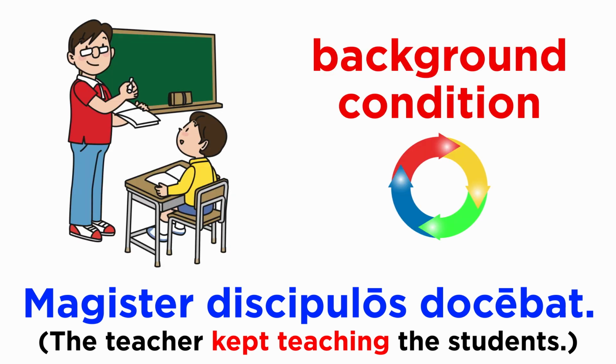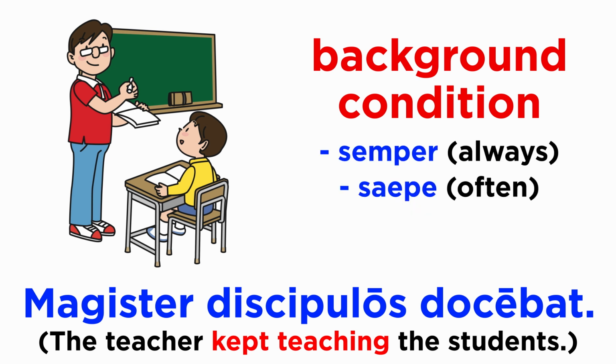We often find the imperfect being used for descriptions in the past whenever the action is durative. This is called background condition because the description applies to both before and after the moment being described. Also, look for adverbial repetitive expressions like semper, meaning always, or saepe, meaning often, to confirm.